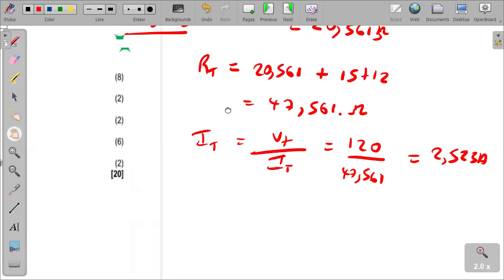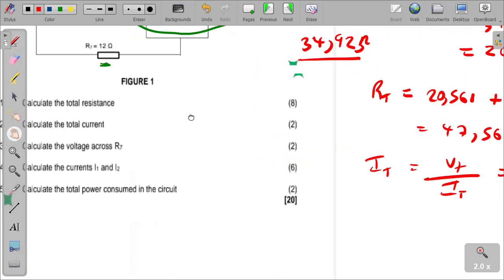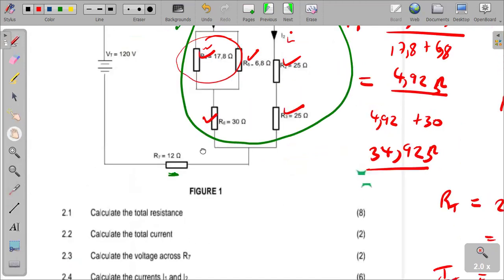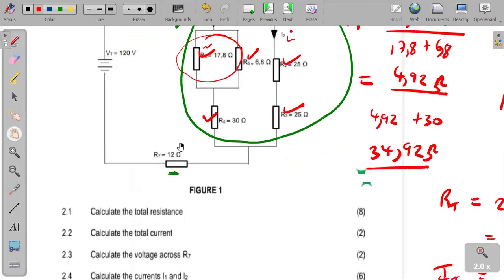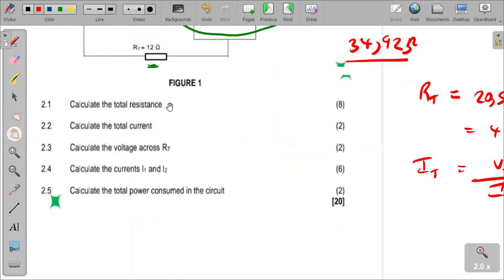Okay, right. Let's go to the next. So, of course, we took the total current at the supply, the 120 volts. Let's go to the next question. It's saying calculate the voltage across the 7 ohm resistor. What is the current passing through the 7 ohm resistor? The current passing through R7 is the total current of the circuit, which we have just calculated.